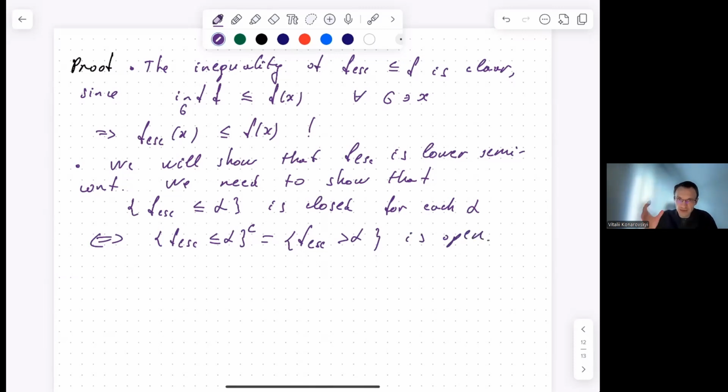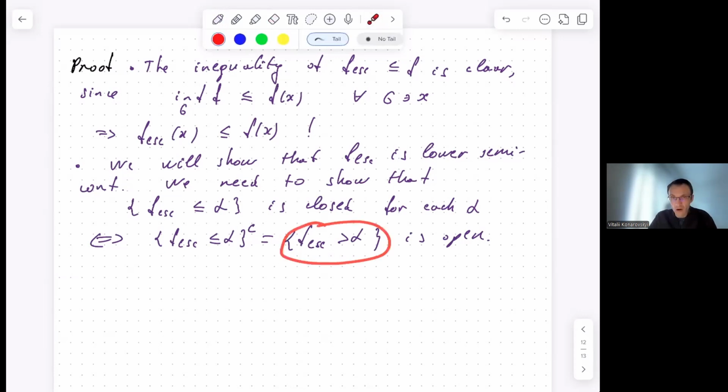So we fix alpha, and we want to show that this set here is an open set. To do that, we need to show that every point has an open neighborhood which is a subset of the complement of the level set, of this set here.